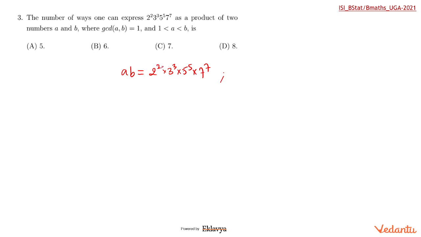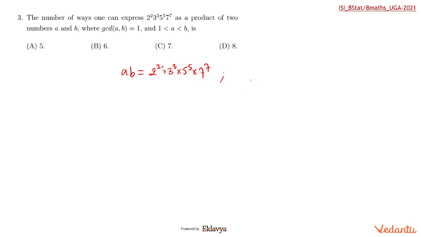You cannot break the prime, like 5 raised to the power 5 cannot be split by moving 5 cubed to A and 5 squared to B. We have to take the entire 5 raised to the power 5 to A entirely or to B entirely, to maintain the GCD to be 1.